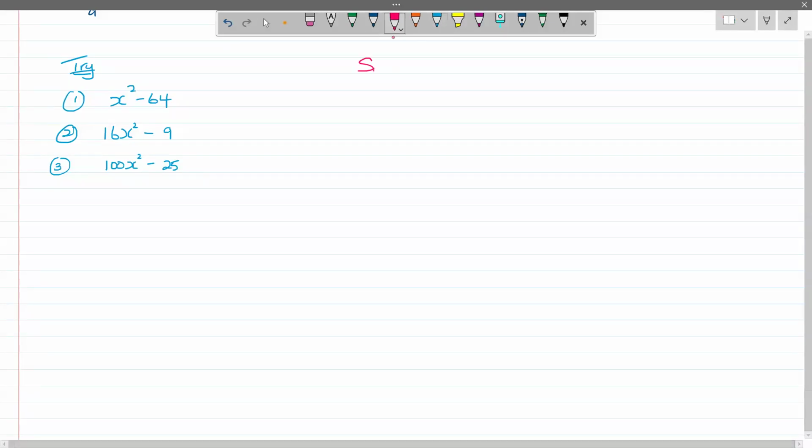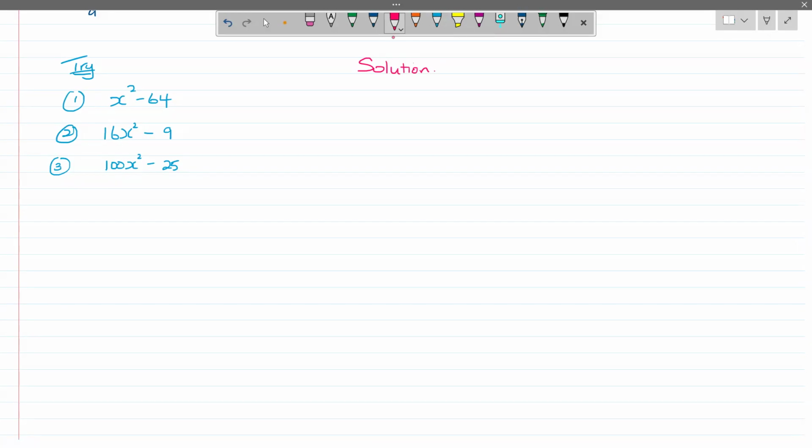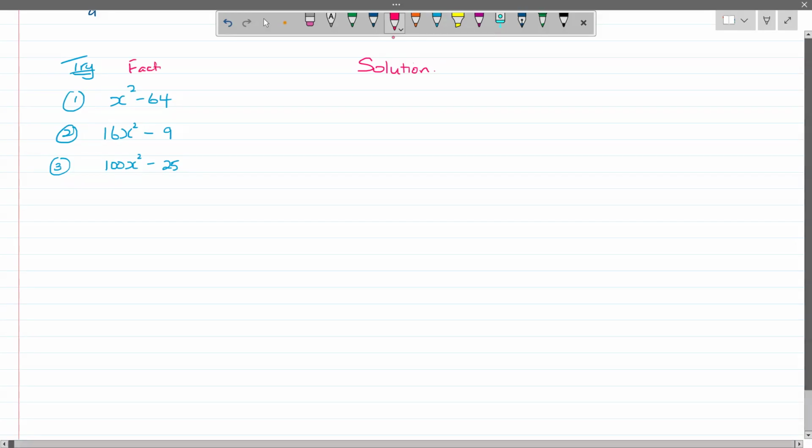All right, so let's look at the solutions for these. So from the time you're seeing, you have to factorize something like this, the question would say factorize. You're only seeing two terms, x squared minus 64. From the time you see two terms, then you see the minus sign in between, the next thing you should be checking is to see, all right, are these two perfect squares?